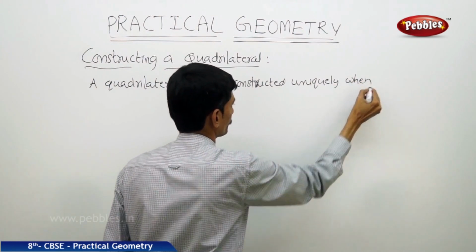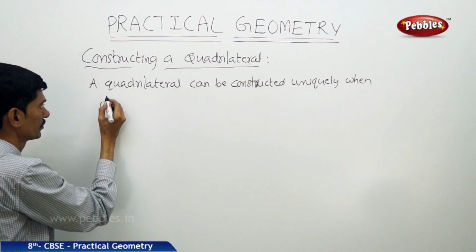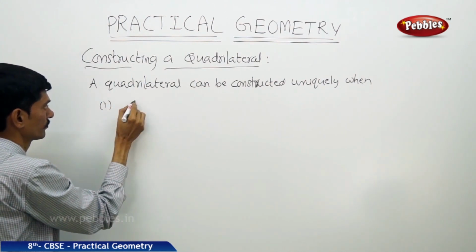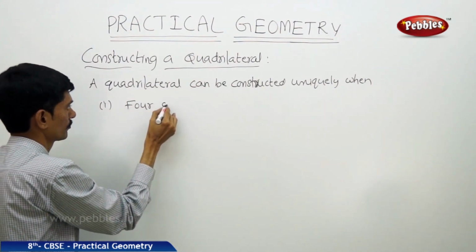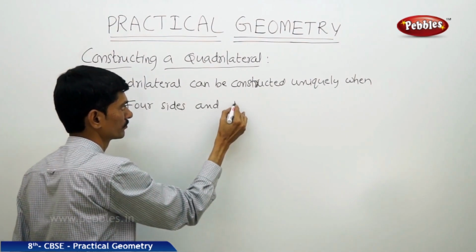when, in the first case, 4 sides and 1 diagonal are given.